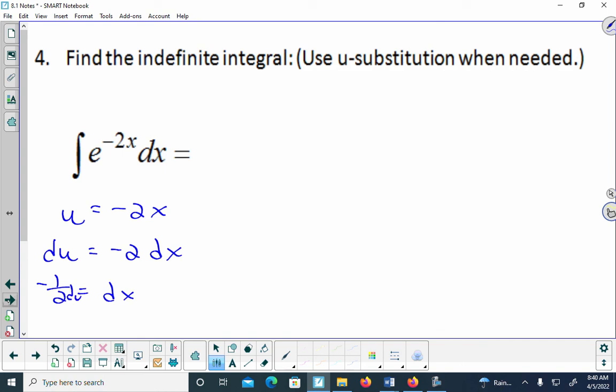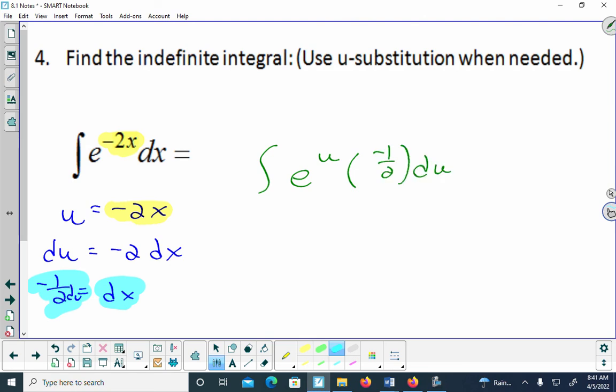Now I substitute in. So when I substitute in, remember here, my u is this negative 2x. So this will be e to the u, and then the dx is equal to this negative 1/2 du. So then I'm going to have negative 1/2 du. Now when I take the antiderivative, I have it all set up.